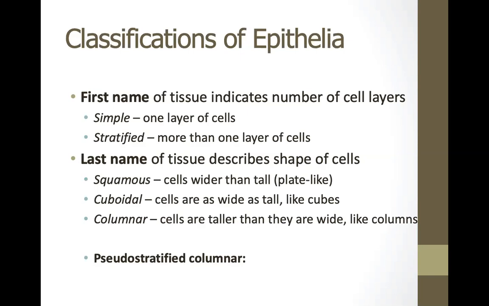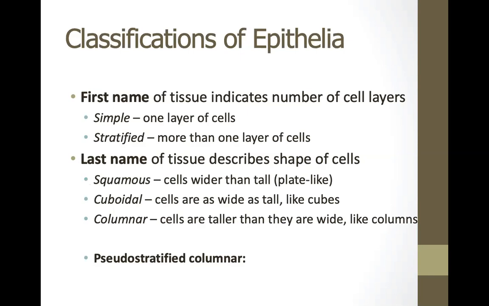For the last name, we have 3 options. And those 3 options come from the shape of your epithelial cell. If they're flat and super thin, we call them squamous cells. So they're literally really, really thin. Look at the name, guys, cuboidal. Cuboidal means what? They're shaped like a cube, right?